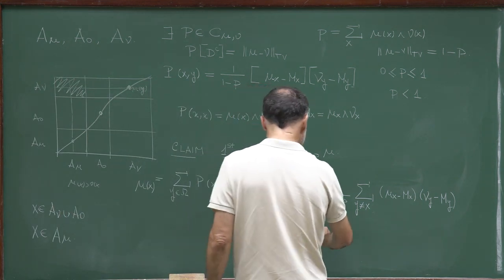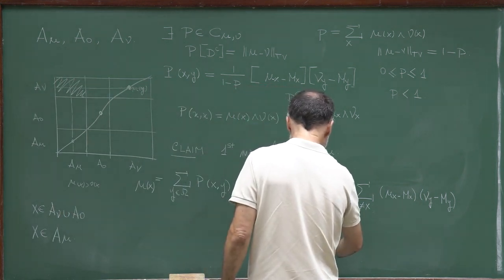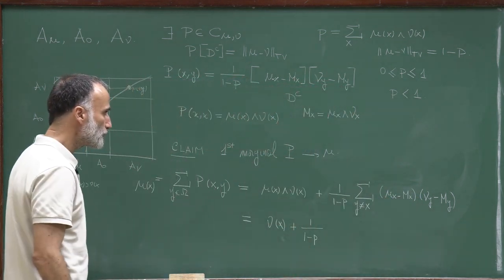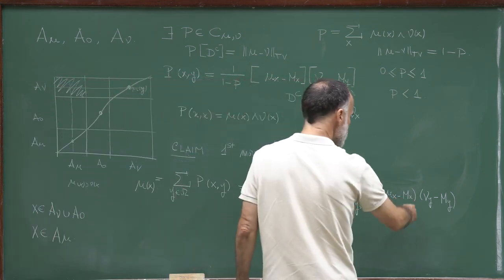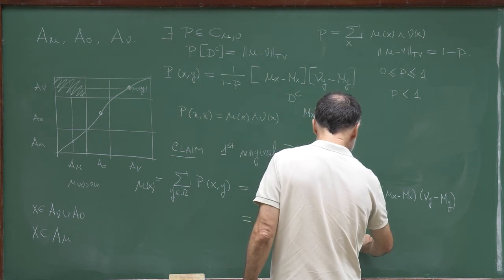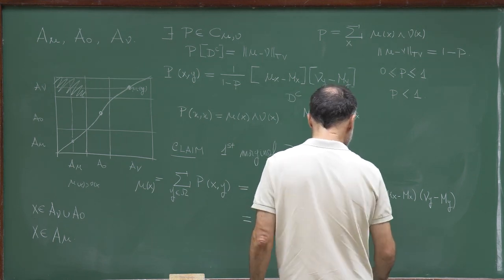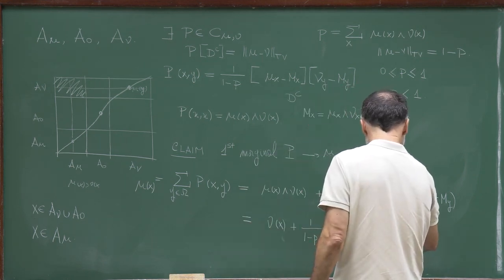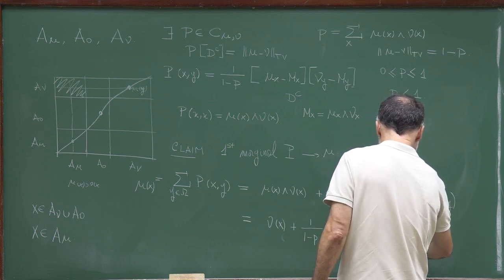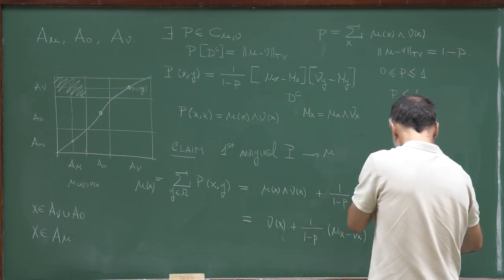Now I have 1 plus 1 minus p. Let me take out this quantity, and m(x) is nu(x), so this is nu(x) minus nu(x), and we have a sum of all y different from x of nu(y) minus m(y).